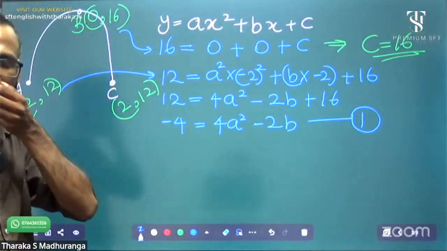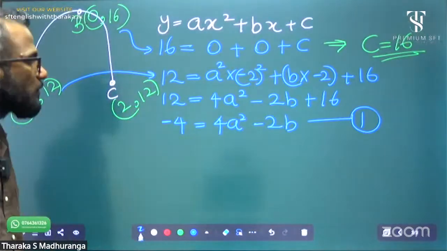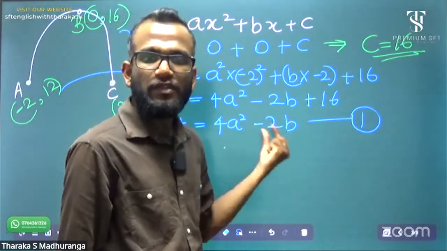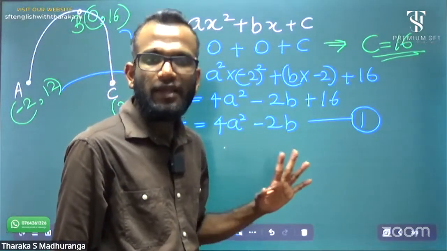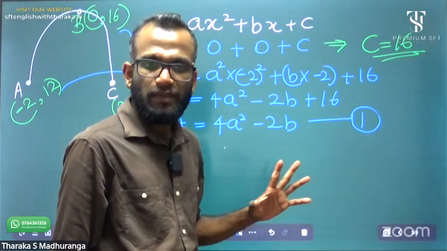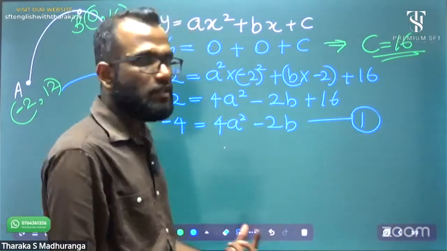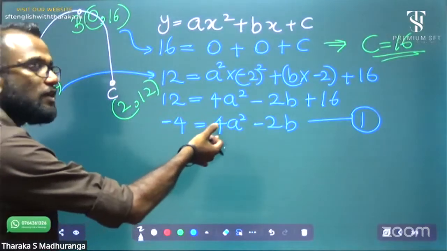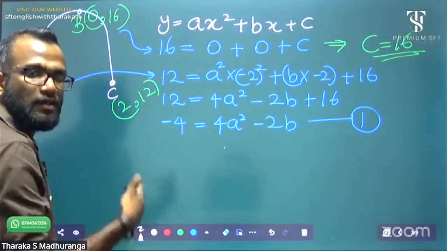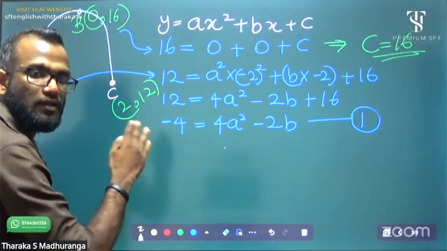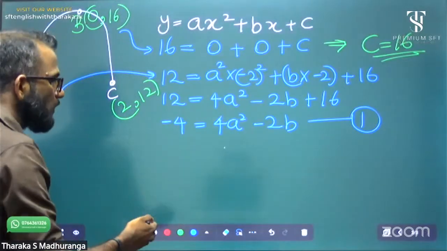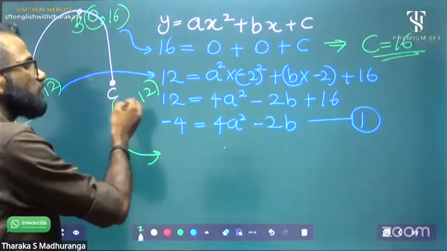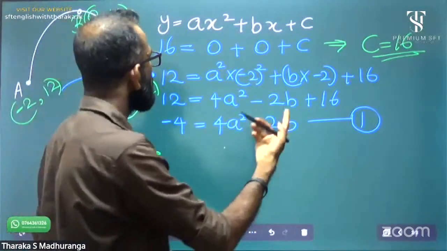Because I have two unknown factors, with two unknown factors I can't solve this equation. That's why I got it as the first equation. I need another equation to solve it. We can't solve more than that with this one.